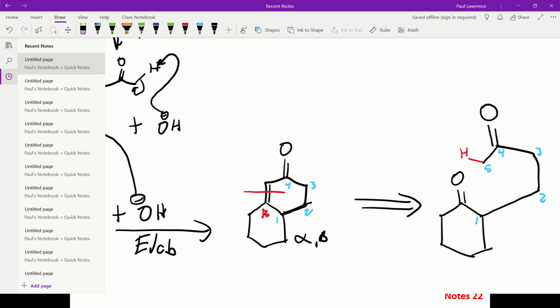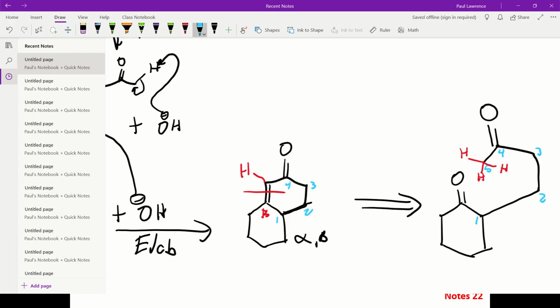We look at carbon 5 right here. How many hydrogens are on there right now? There's only 1. So you need to add 2 more. Okay? Just like that.